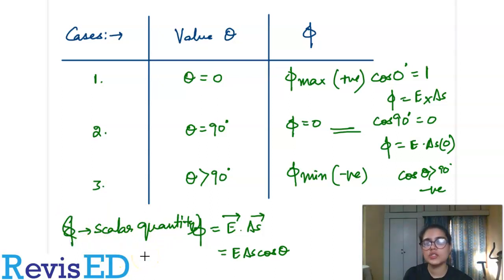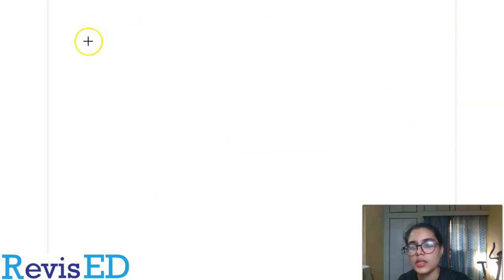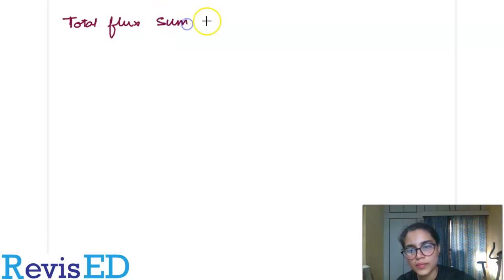So this is what is known as electric flux, and the total flux for the entire element is the sum of all the small phi's.